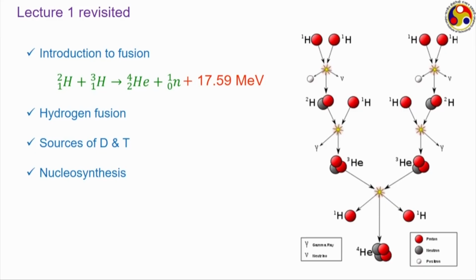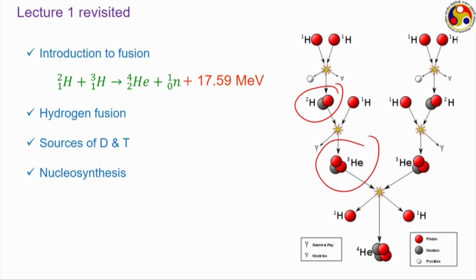this universe, we had only those elemental components like protons and neutrons, and they were able to fuse with each other, as you can see here: two protons or two hydrogen nuclei can combine to produce a deuterium, which can combine with another hydrogen to produce a helium-3.